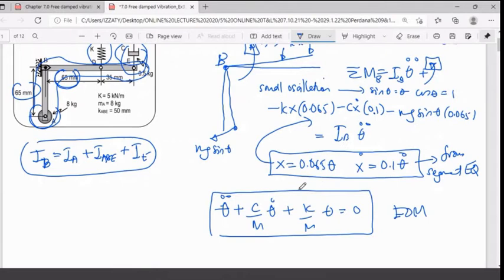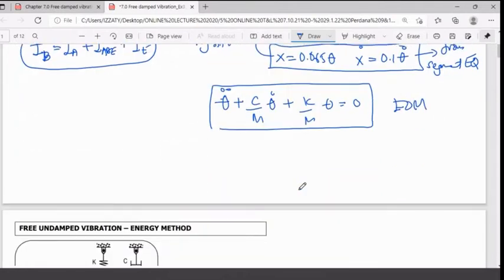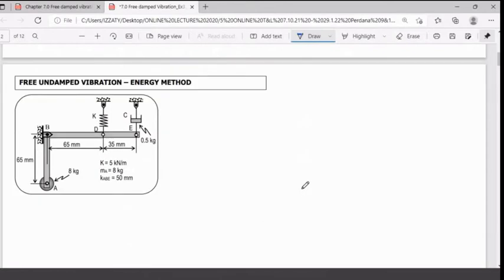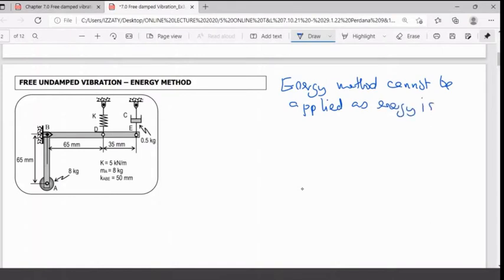As for today, we're going to look at this by energy methods. By energy method, you know that the energy method cannot be applied as energy is dissipated.